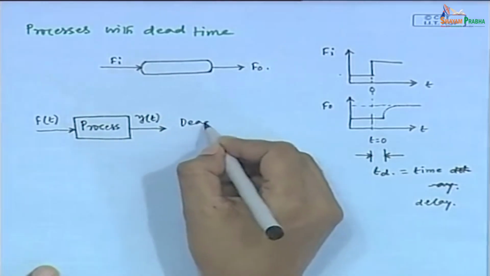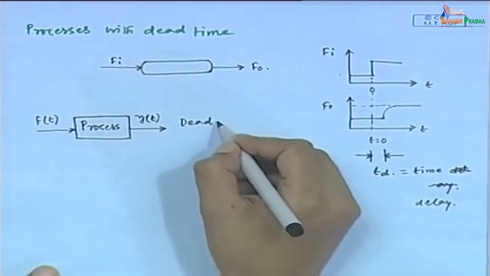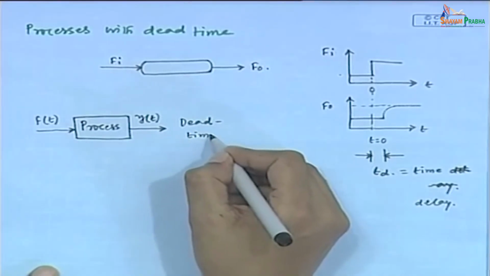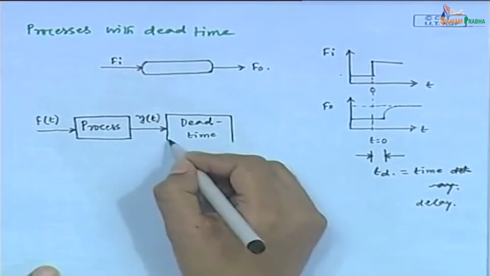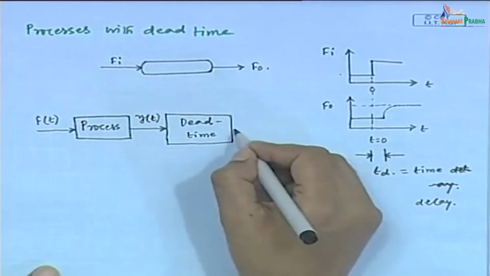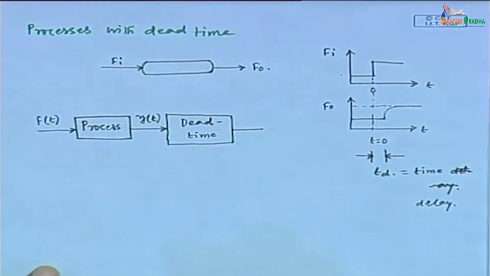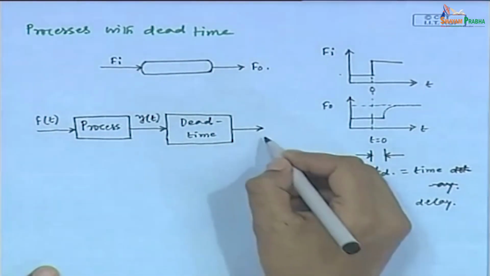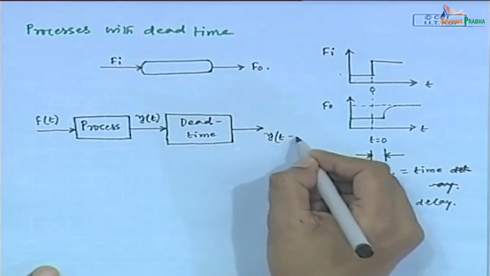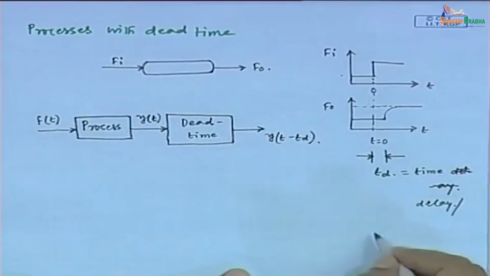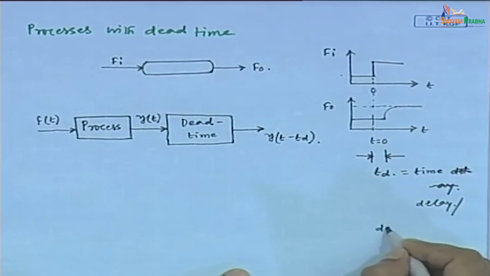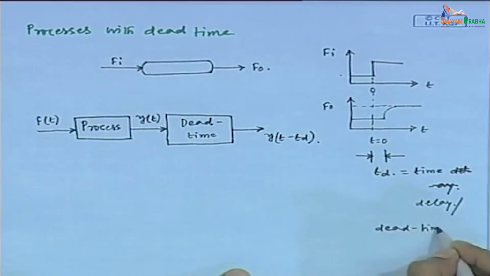So, one block we need to include for dead time. What will be the output of this dead time block? Output will be y(t minus Td), if Td is the dead time. So, Td is time delay or dead time.